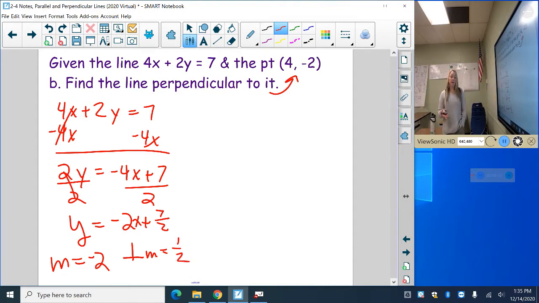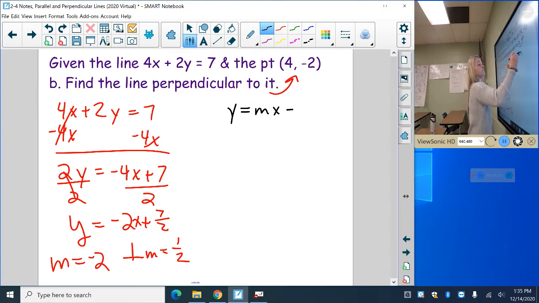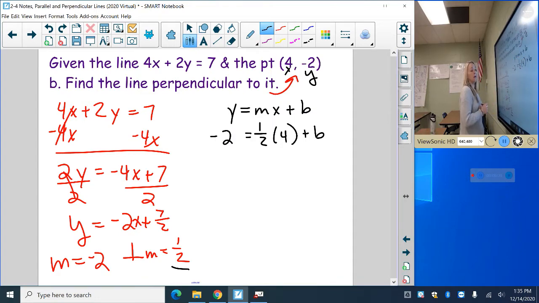So now I have to find the equation of my second line. I'm going to use y equals mx plus b. I'm going to use this for x and this for y, so it goes through that point. And I'm going to use this for my slope. So I have 1/2, x is 4, and y is negative 2. Half of 4 is 2.